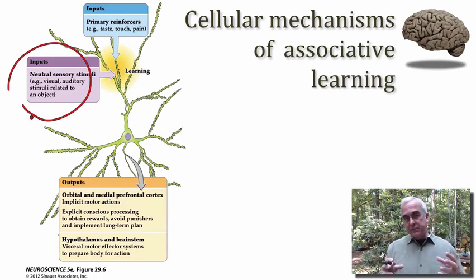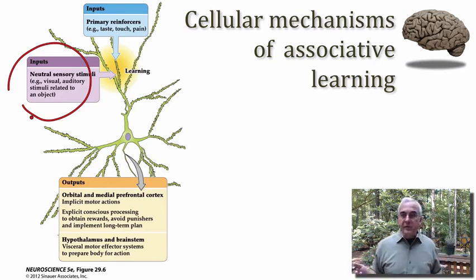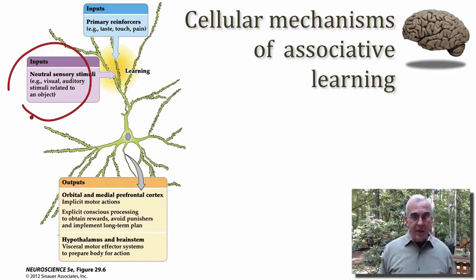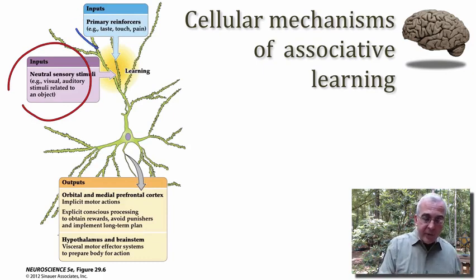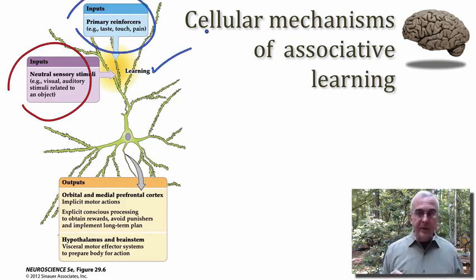Now, these sensory stimuli are in themselves neutral. They just might be sounds or sights or somatic sensory stimuli. But if those stimuli are present at the same time as a primary reinforcer, then we imagine that there may be some kind of associative learning that can take place.